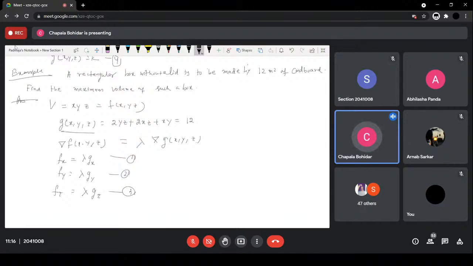Here the constraint is given to you. So how many equations do we have now?